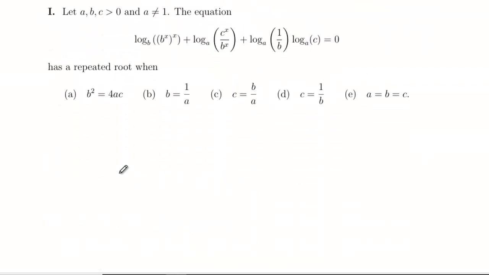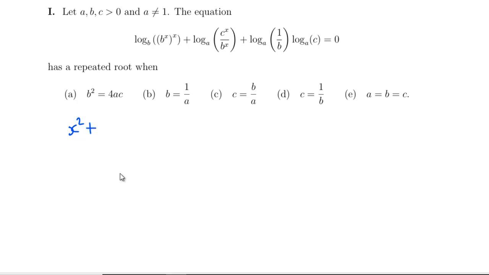Let a, b, c be greater than 0, a, b not equal to 1. Right, the equation that has a repeated root under which circumstances? Log to base b of b to the x, well, that's just x squared. Then we've got this ugly looking thing.